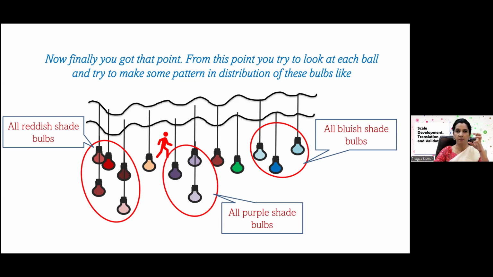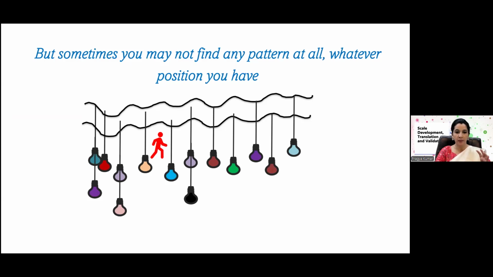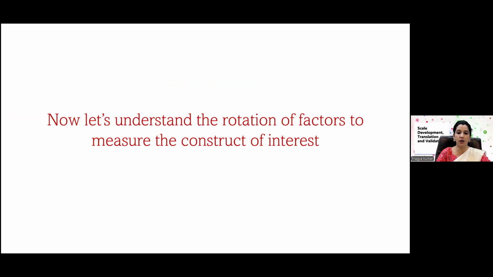So rotation gives you a clear-cut structure where it is very clearly visible that these particular items are loading on one factor, the other two on one factor, and the rest on the third factor. But sometimes you may not find any pattern at all, whatever position you are in.